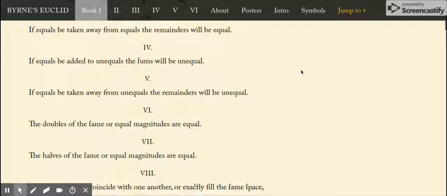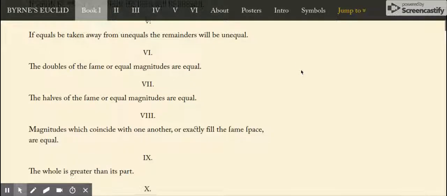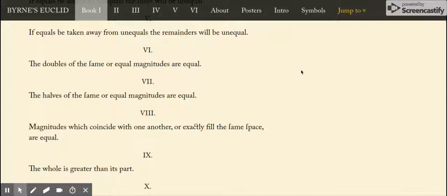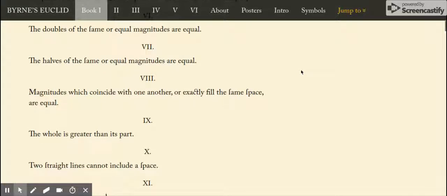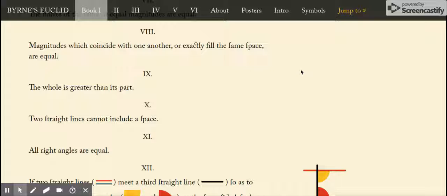If equals be taken away from unequals, the remainders will be unequal. The doubles of the same or equal magnitudes are equal. The halves of the same or equal magnitudes are equal. Magnitudes which coincide with one another or exactly fill the same space are equal.